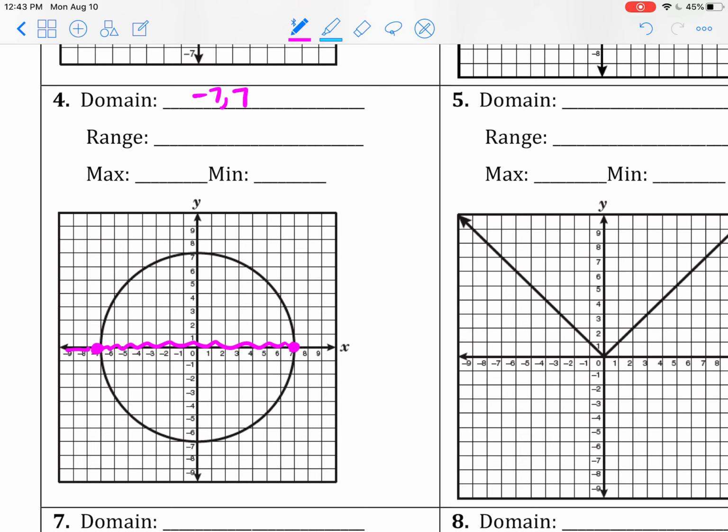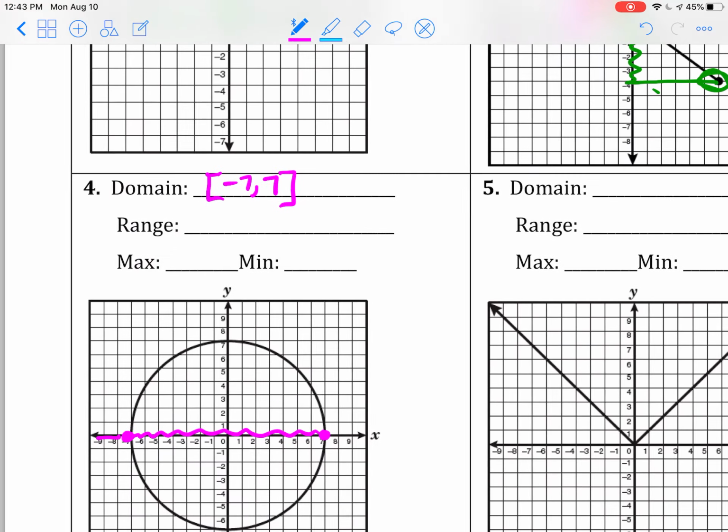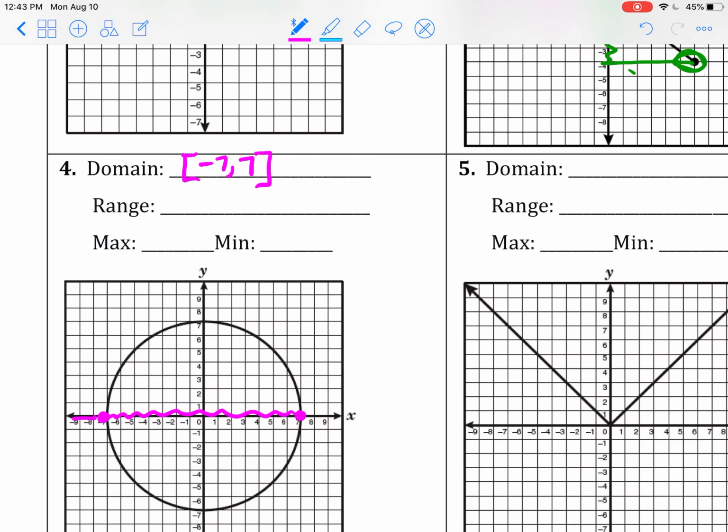And then we want to use brackets for both because there aren't any open circles. Here we have a very obvious open circle. If you do not have an open circle, you include it. And so in inequality notation, we would have that.